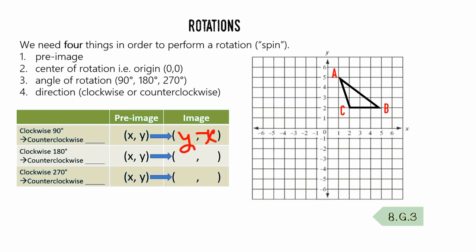What happened when we rotated 180 degrees? We got the exact opposite of X and the exact opposite of Y. That's because rotating 180 degrees, a half turn, is the exact opposite of what you were doing before. I would like you to make a prediction of what you think is going to happen when we rotate clockwise 270 degrees. We will do that in class.